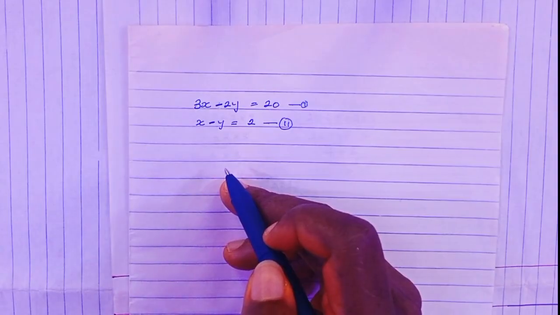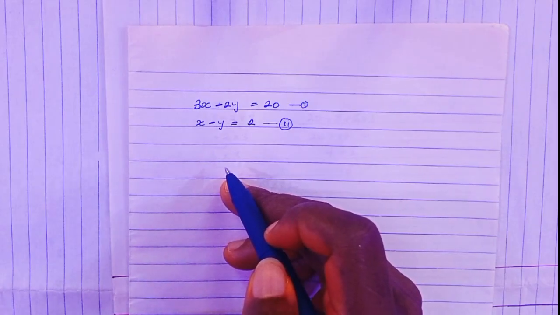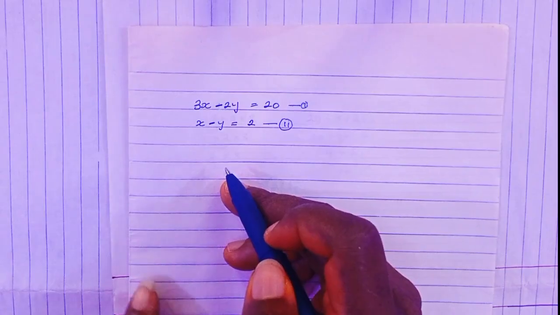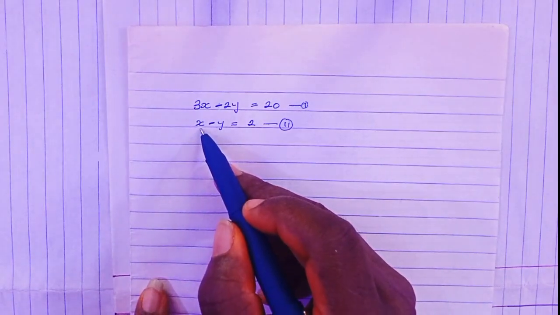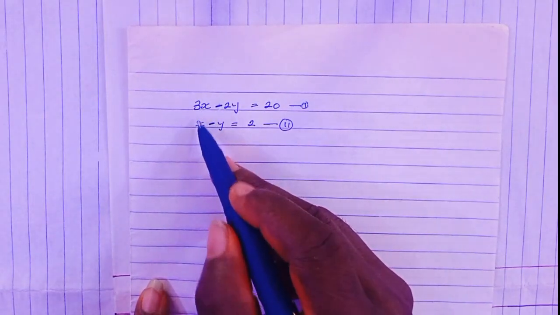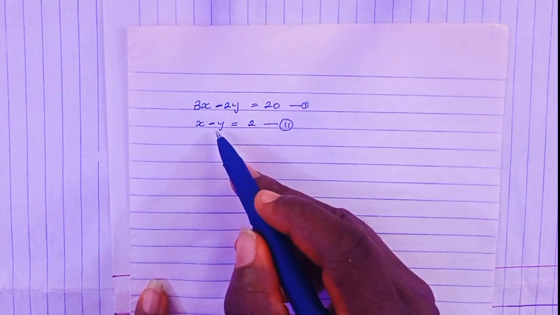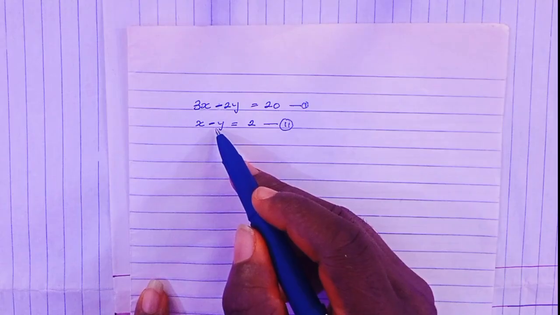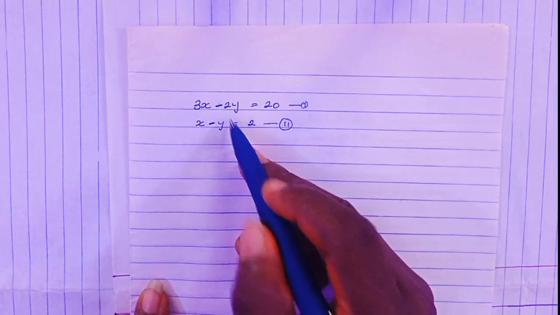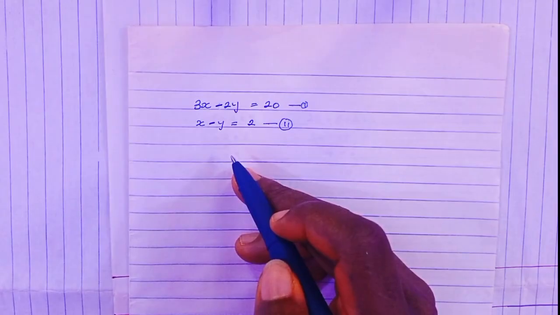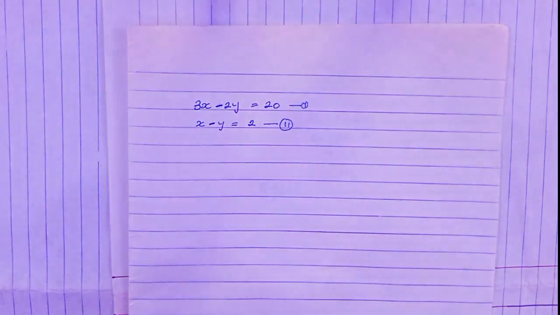Now let's check and see if we subtract equation 2 from equation 1, whether we are going to eliminate either x or y. If we subtract x from this one, we are going to have 2x. And if we subtract this from here, we are going to have negative y. Alright? So we did not eliminate anyone.